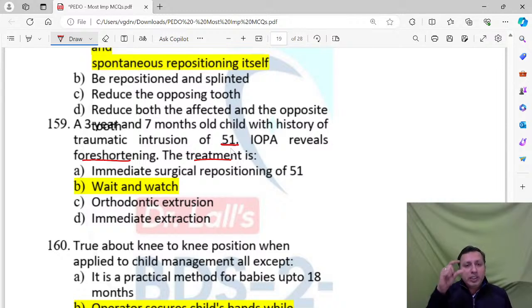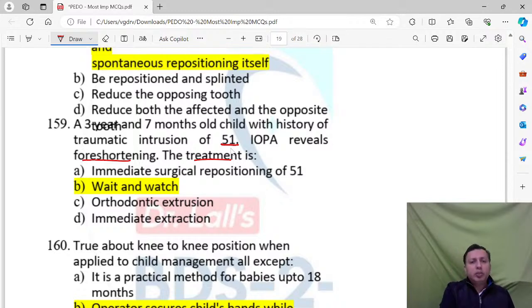If the tooth appears elongated compared to the contralateral tooth radiographically, it means the apex is not clearly visible and it has caused damage to the permanent tooth bud.